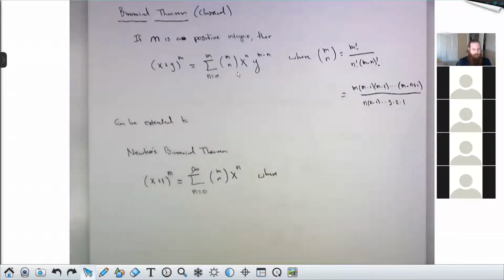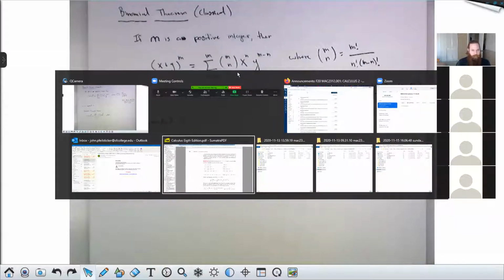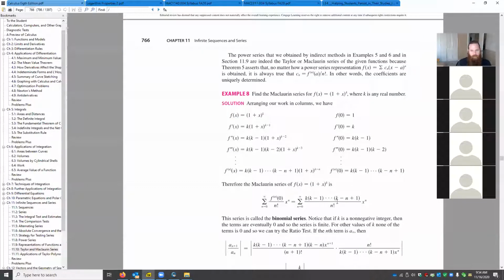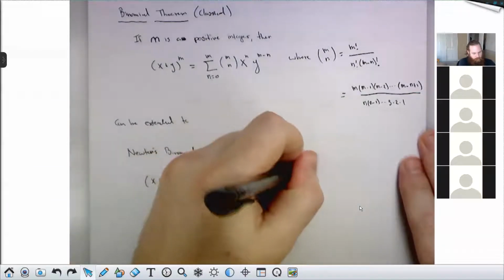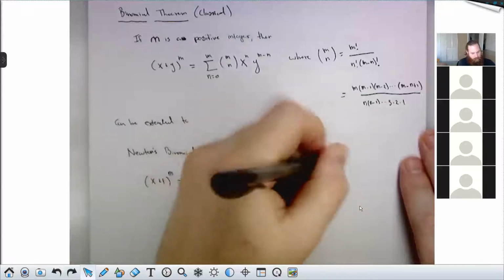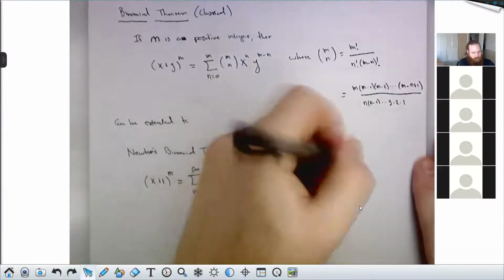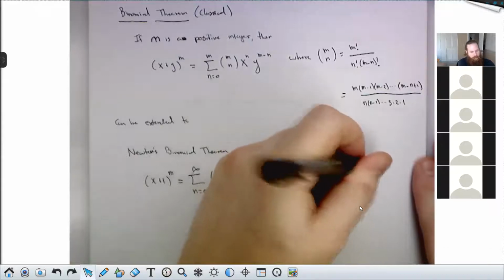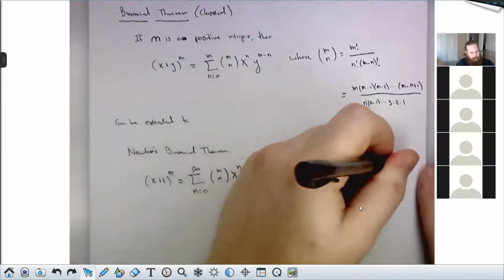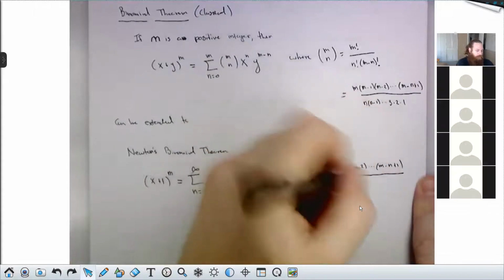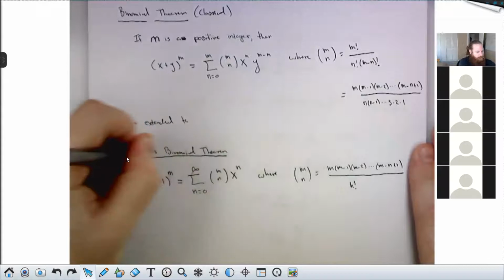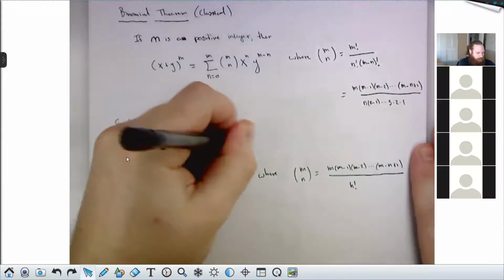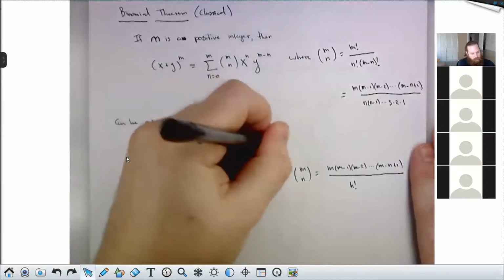They say here, m choose n is m times m minus 1 times m minus 2 down to m minus n plus 1 over, they just leave the bottom as n factorial. This is correct. There's nothing wrong with this. And the nice thing is that this works for any real number m.